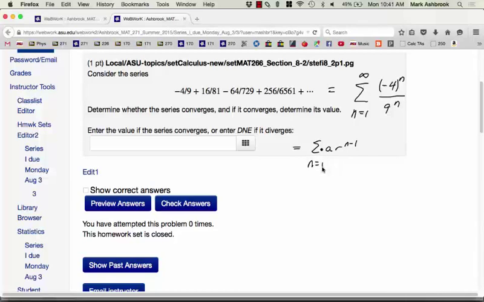Well, can it go into that form? Sure it can, right? So this is negative 4/9 to the n. And so if we want this to be to the n minus 1, essentially what are we doing? We're pulling out a negative 4/9, right? We're pulling out one factor of negative 4/9.